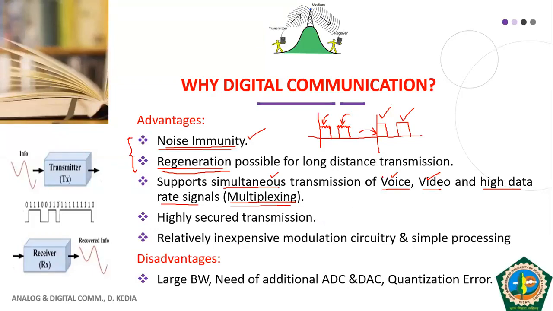Another thing is, since we have ones and zeros, we have discrete signals, we can use secure transmission techniques, secure codes or some encryption that gives us highly secure transmission in digital communication. See students, once we have our signal in the form of zeros and ones, we can apply a whole lot of signal processing techniques and other techniques to improve the robustness of the signal to be transmitted.